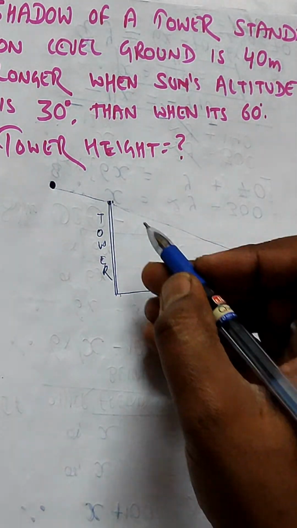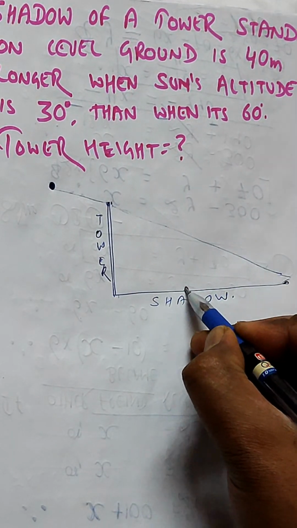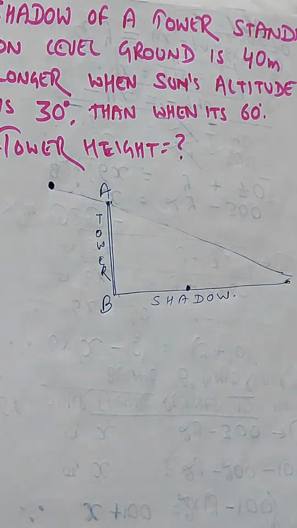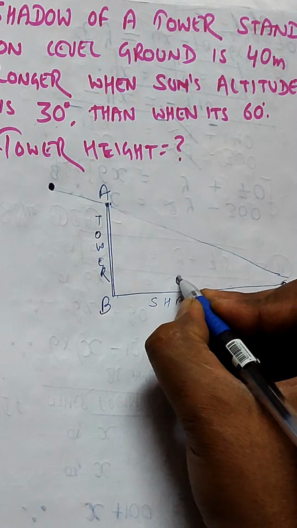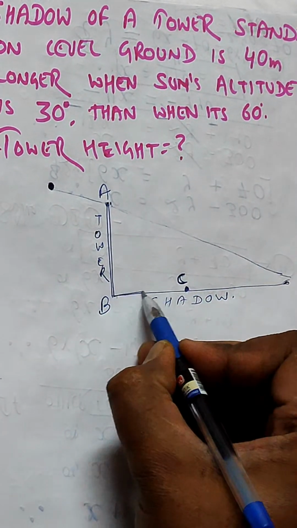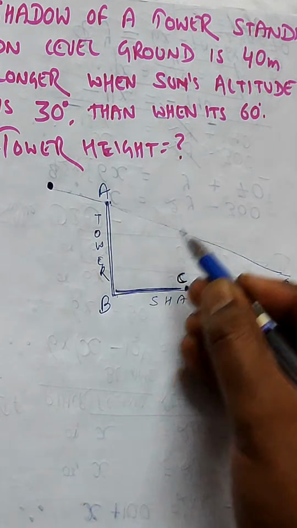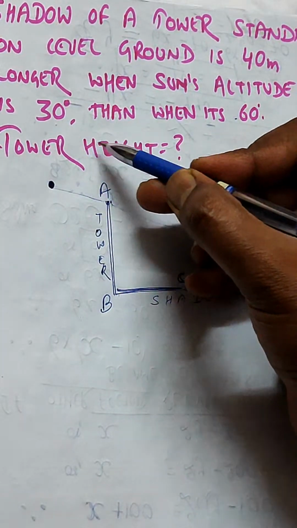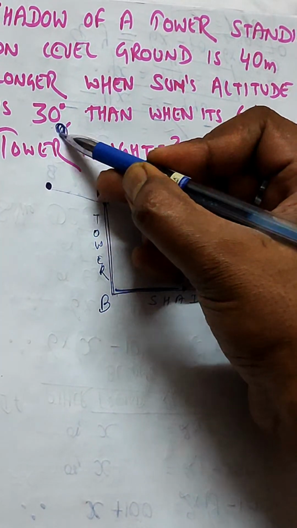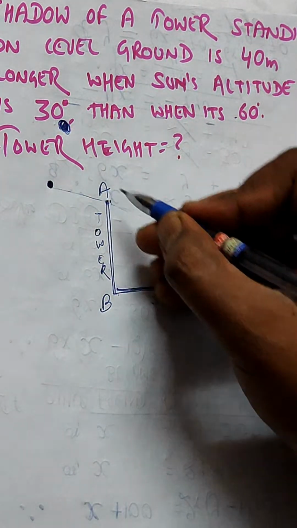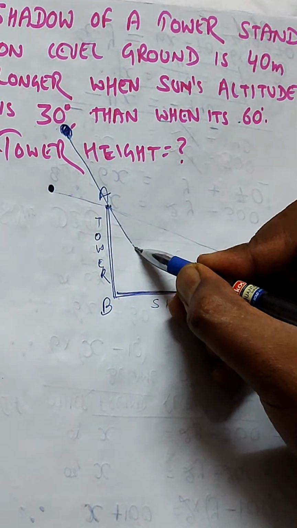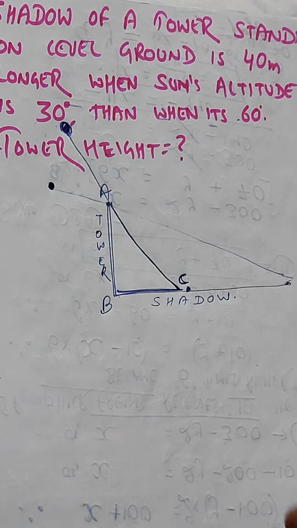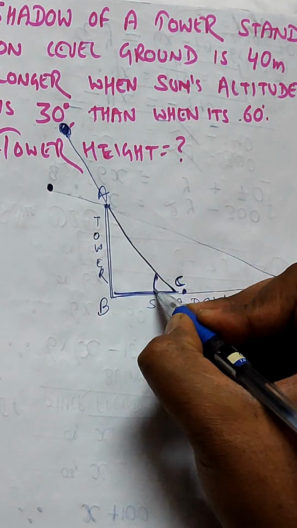So let's say the tower length is AB, and BC was the shadow length when the altitude was 60 degrees. That means when the sun was at this point, this is the angle of elevation, right?